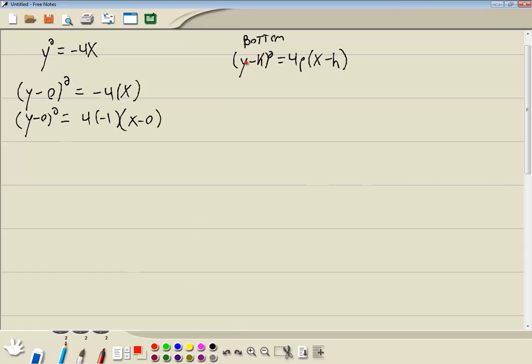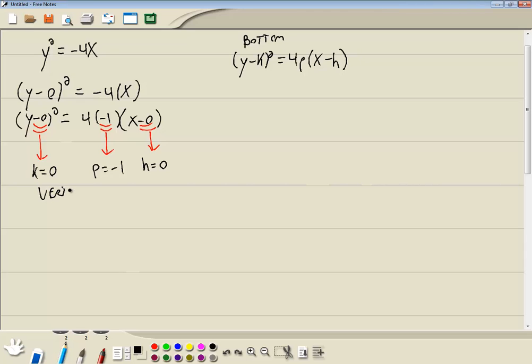So our k goes with our y, and it's always the opposite sign, though 0 doesn't have a sign. Okay, k is 0. Whatever number's inside of parentheses right here is our p. So p is negative 1. And whatever number's with our x is our h. And it'll always be the opposite sign, though 0 doesn't have a sign, but h is 0.